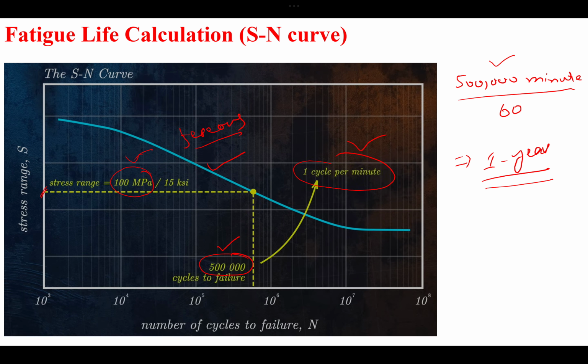And that is why, as you reduce the stress, you get more number of cycles, and at a certain point this line becomes horizontal. So when you go below that line, you do not get the failure.